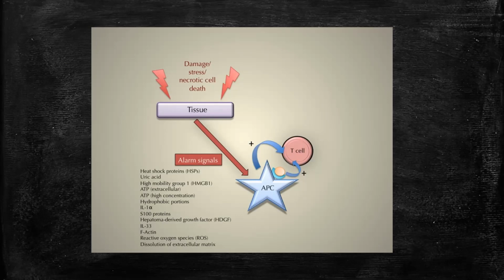All of these things belong inside cells. But once they're outside cells, the immune system is able to recognize them. That's what's being shown here. An antigen presenting cell can recognize some of these and activate T cells, for instance. So these things can cause the immune system to become engaged.